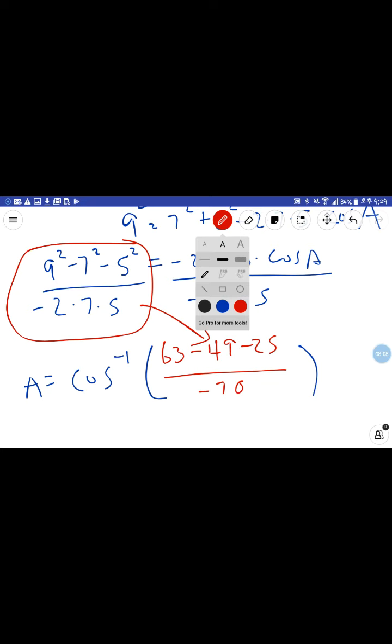And then 14 minus 25. So what is 14 minus 25? 14 minus 25, which is a negative. So you are going to have a negative 11. You got a negative 11 over 70.